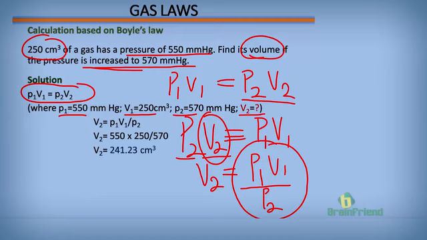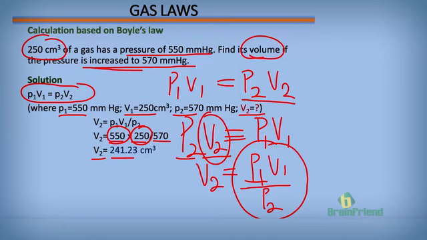All right? Our P1 is what? 550 millimeter mercury, and our initial volume was 250, divided by what? The final pressure, which is 570. So our final volume is going to be 241.23 cm3.